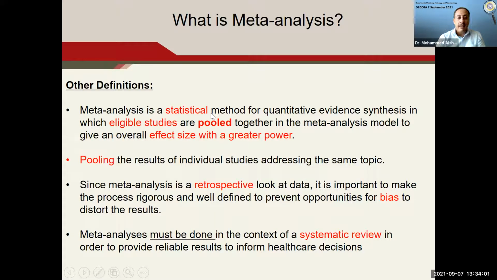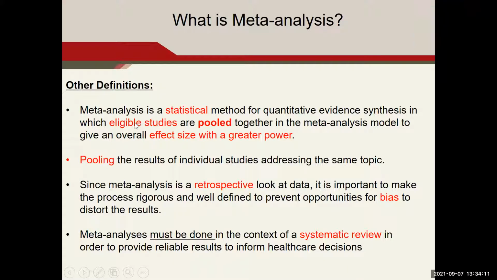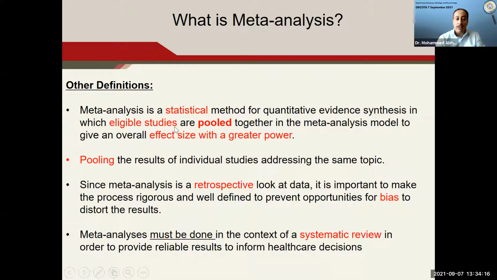So other definitions, I think I'll skip, but as I told, it's a statistical method. We pool all the data, but only for high quality studies that are already evaluated or assessed based on the predefined eligibility criteria. So we get at the end a final effect size with higher power. So it's pooling.